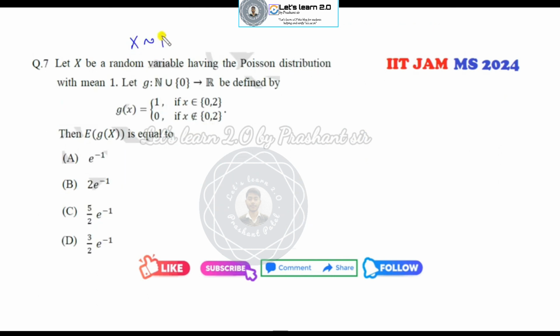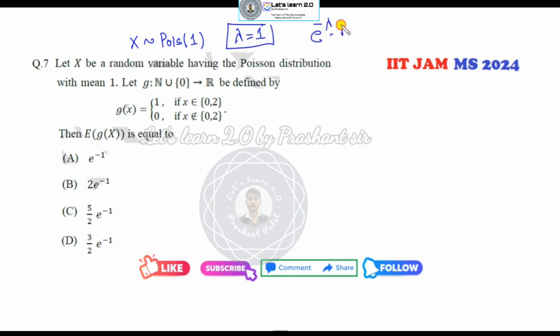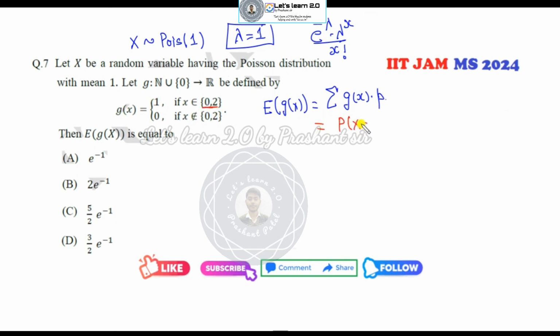Okay. X follows Poisson distribution with mean 1. That means lambda is equal to 1. So this is my Poisson distribution. Fine. And g of x is 1, otherwise 0, and expected value of g of x. That's very simple. So what is the expected value of g of x? That is g of x into probability. So when is g 1? When x is equal to 0 and 2.